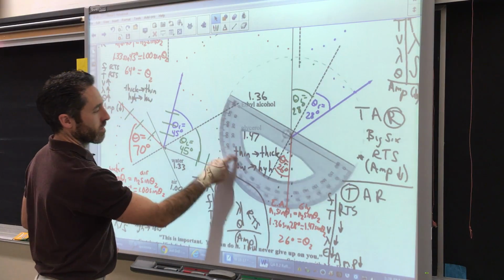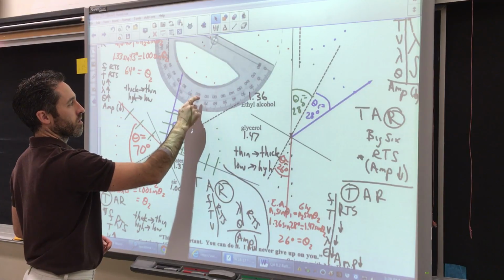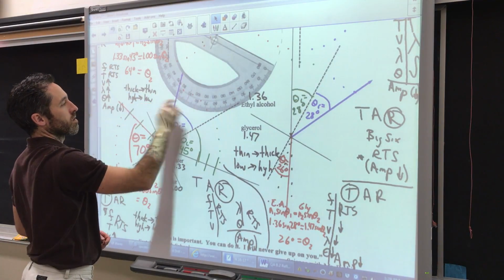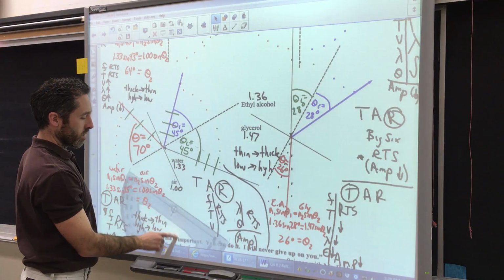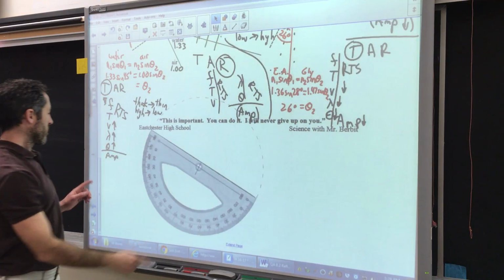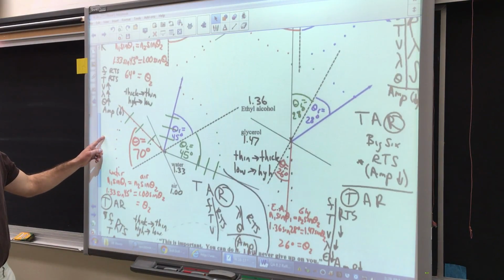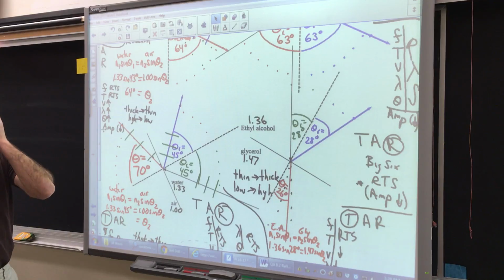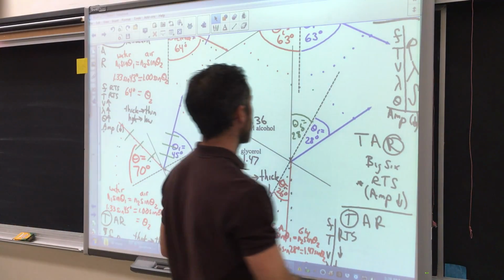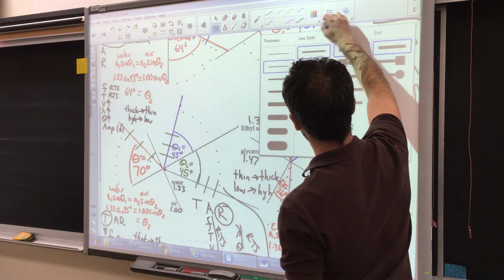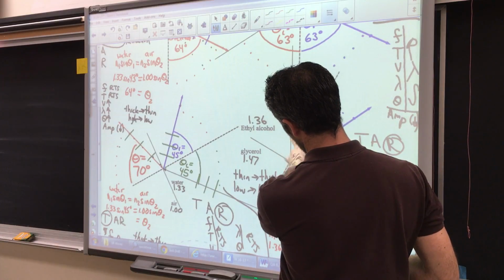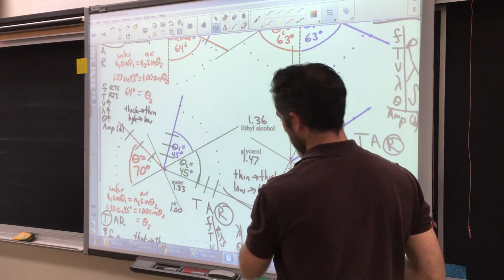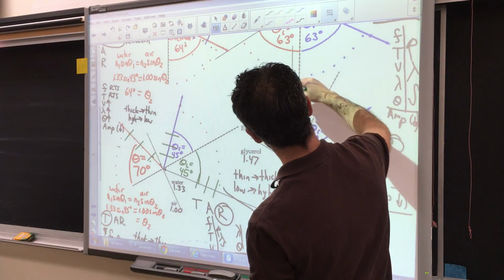Look at all this. Let's move this guy out of the way. And so the last thing we can do on here is draw some wave fronts. If we were to do that, they're actually quite similar because the indices are close and so the angles are close. And so we drew wave fronts.